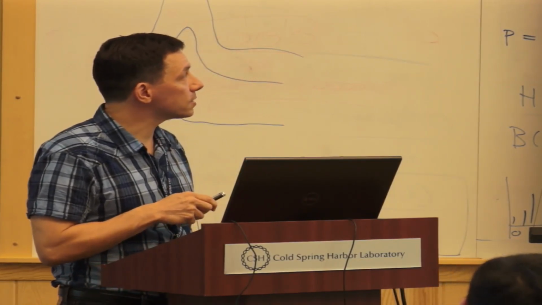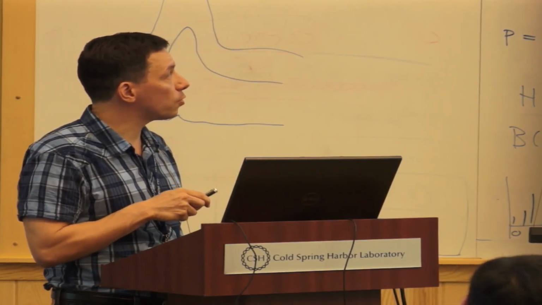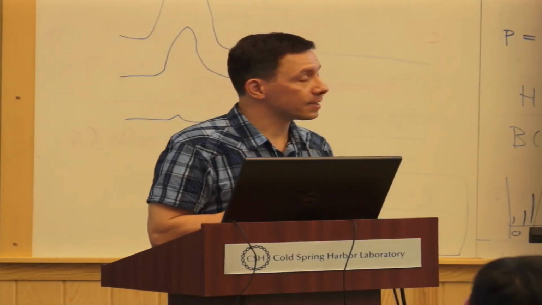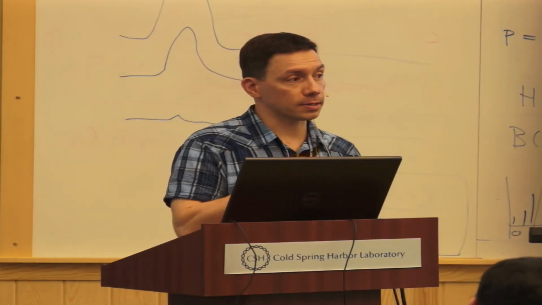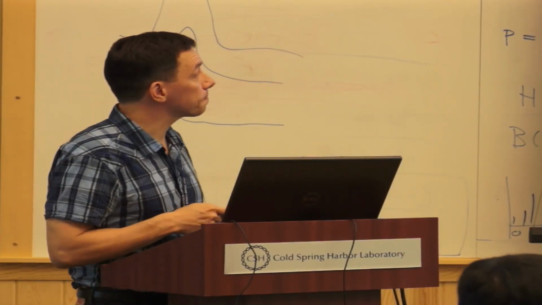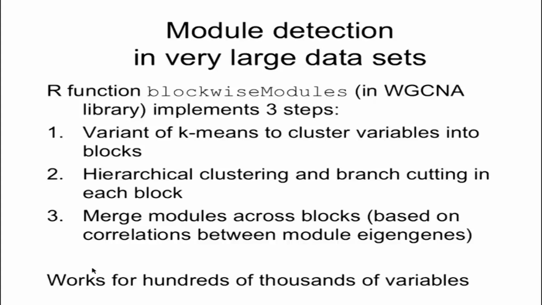But fortunately, we have an R function called blockwise modules that runs on your laptop and can analyze very large data sets. And this function proceeds along 3 steps. Assume you have your 500,000 variables.